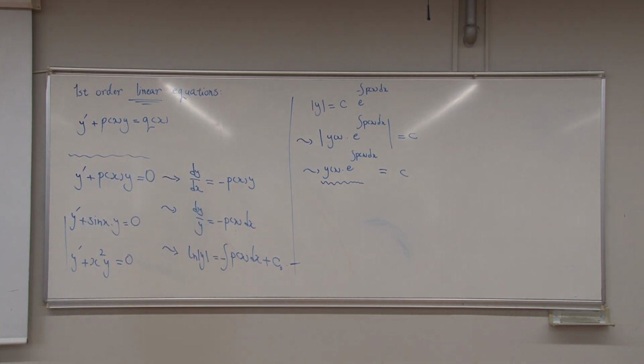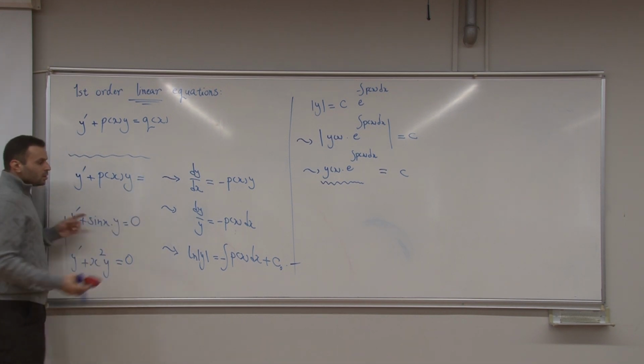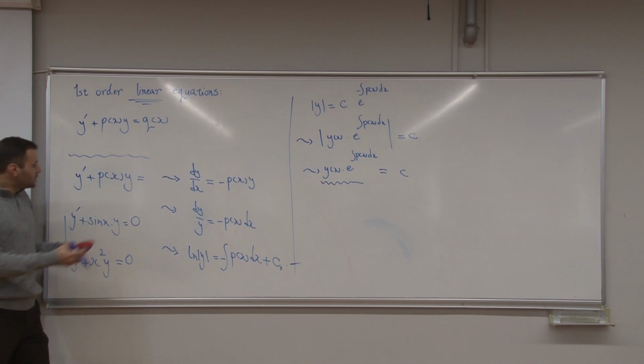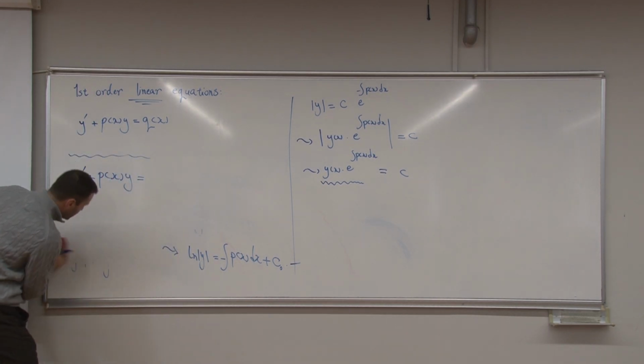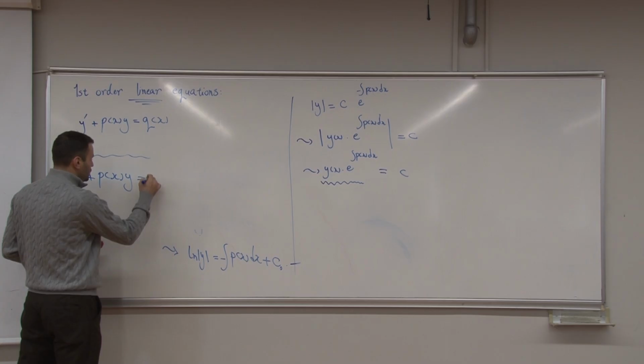Okay. What is the next step? Let's make this generalization. Instead of writing just zero, let's go with some function of x, like q of x.